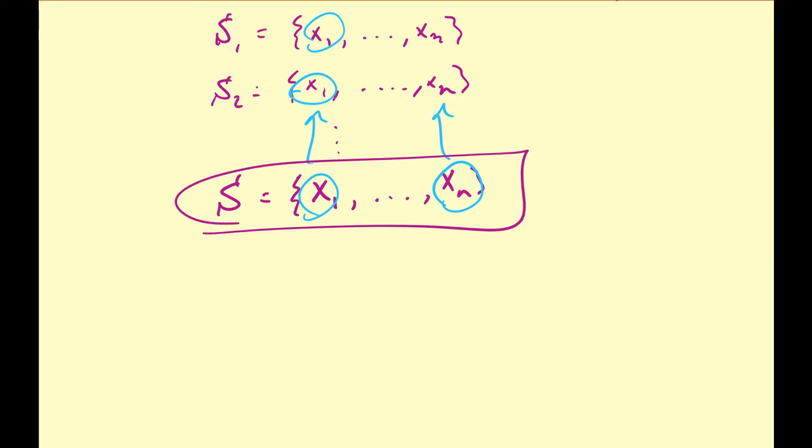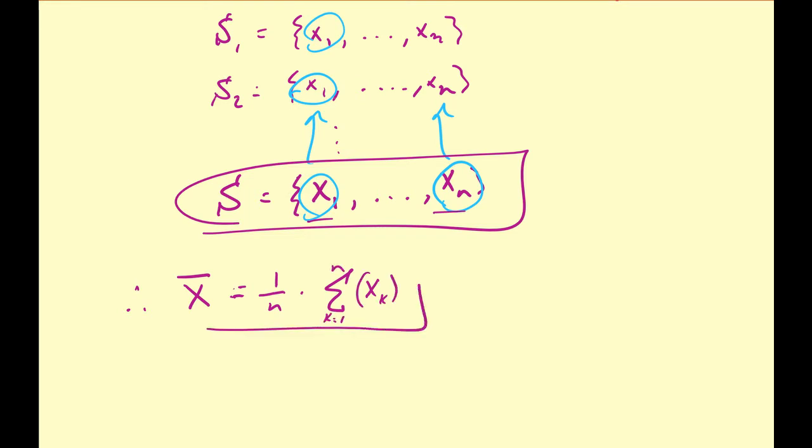So for this particular sample, if I take all these values and average them up, we can define x bar to be equal to 1 divided by n times the summation of these random variables, where k ranges from 1 to n.